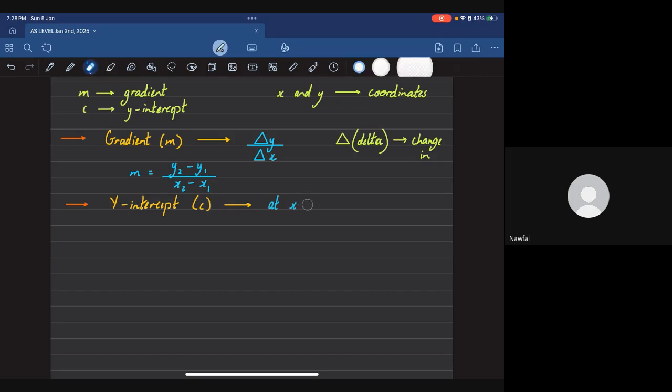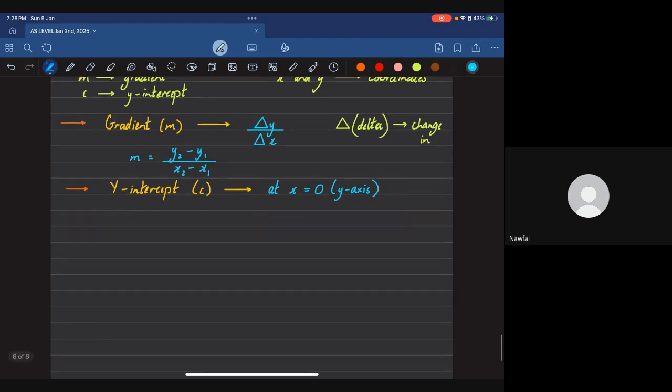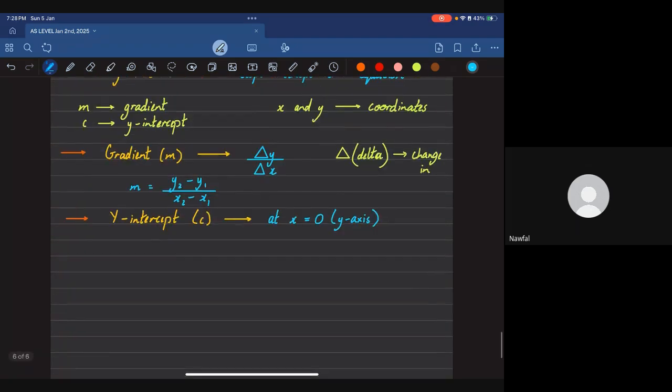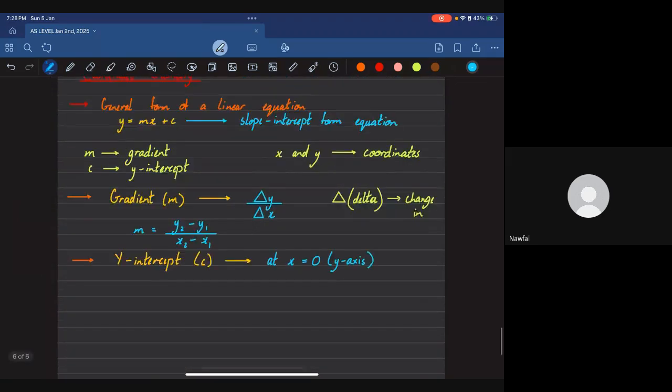The line x equal to 0, which is also the y-axis, is where your x-intercept lies. Oh, y-intercept lies. Apologies. Keeping this in mind, we already know this is the slope-intercept form equation. Now we're going to go into a bit more depth with it.